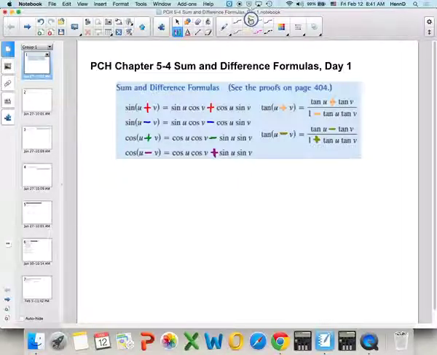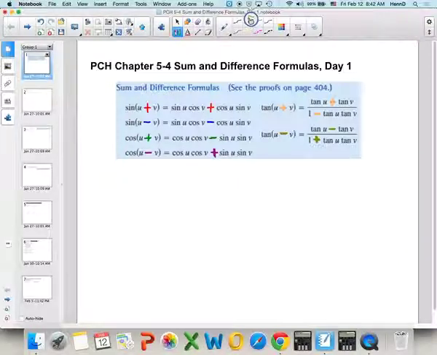So in the tangents, the numerator has the same sign, tangent u plus tangent v, or tangent u minus tangent v. But the denominator has the opposite sign of what you're doing with the angles. So here, for tangent u plus v, the denominator is 1 minus tan u tan v. For tangent of u minus v, we have 1 plus tan u tan v.